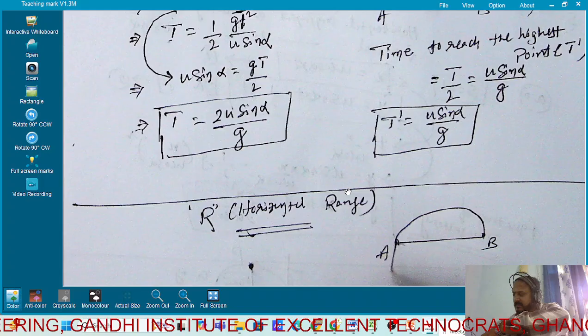U square sine 2 alpha by G. Understood? U square sine 2 alpha by G. Is this clear? Yes, sir.